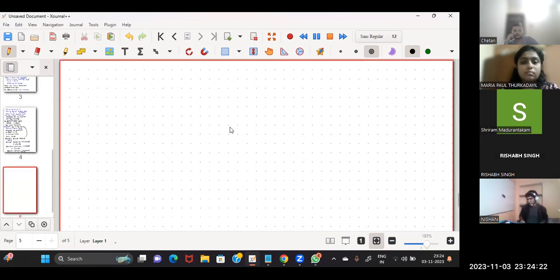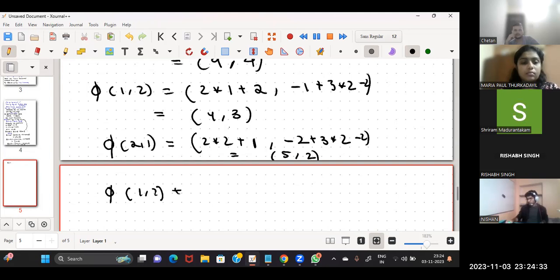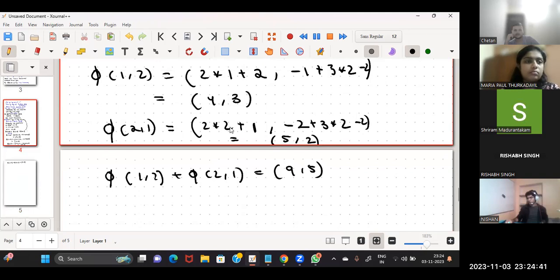So if we add these, phi of (1, 2) plus phi of (2, 1) equals (4, 3) plus (5, 2), that gives me (9, 5).